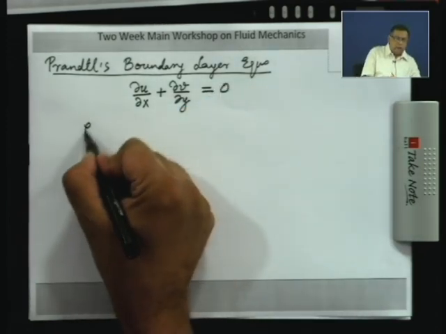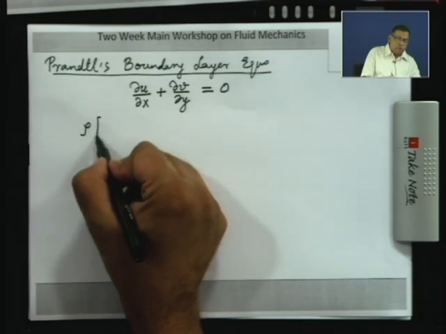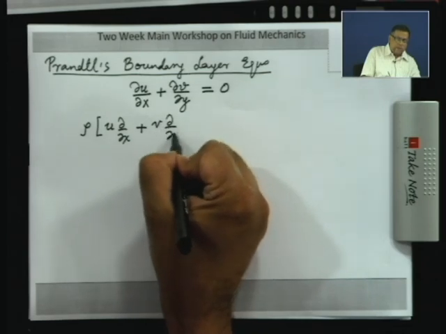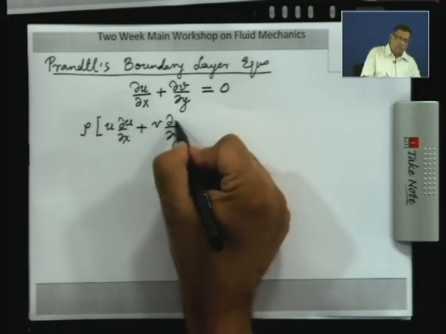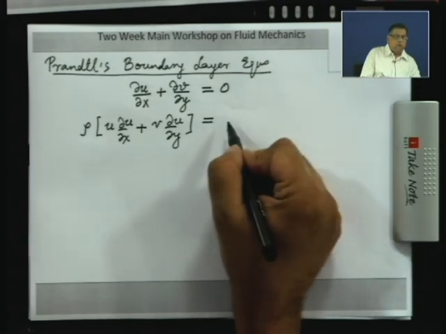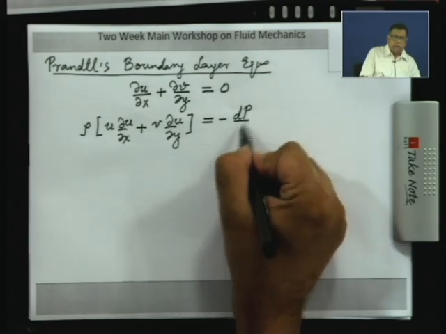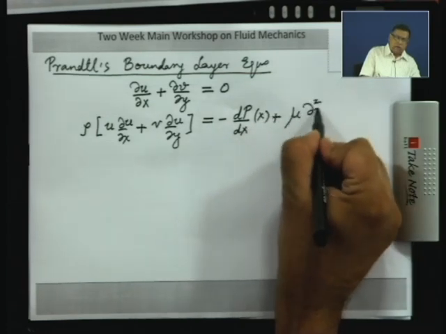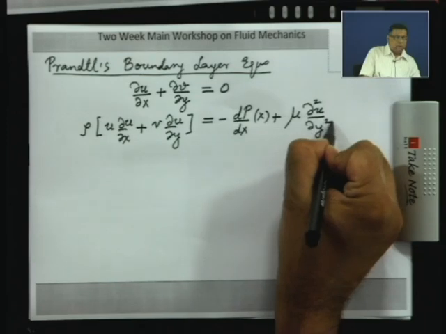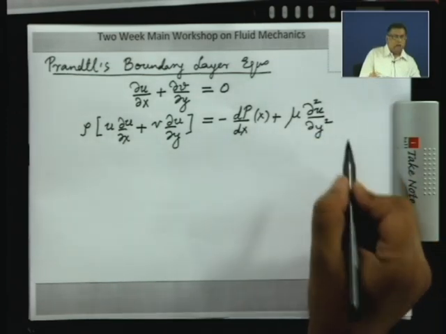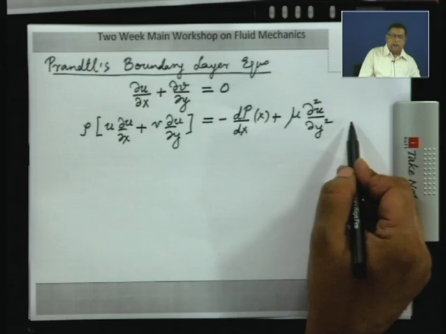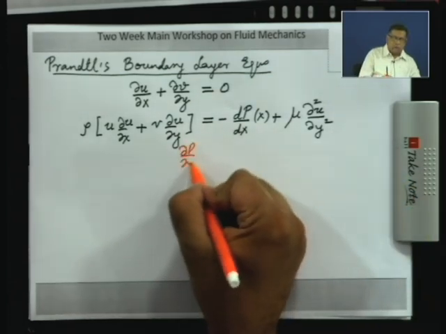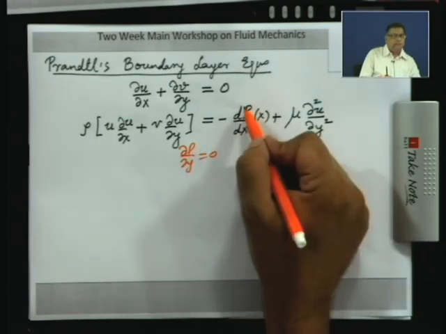Then you have the approximate momentum equation, that is rho times u del del x plus v del del y operating on u, equal to minus what we wrote as dp dx of x plus mu into del 2 u del y square. Here the term mu del 2 u del x square has been neglected, and the third equation was del p del y equal to 0, which I have already used by writing this del p del x as dp dx.